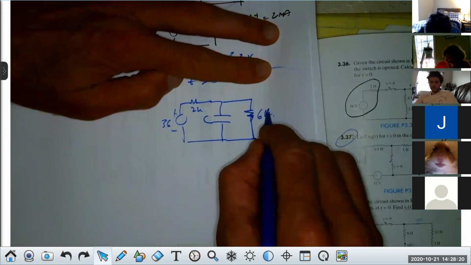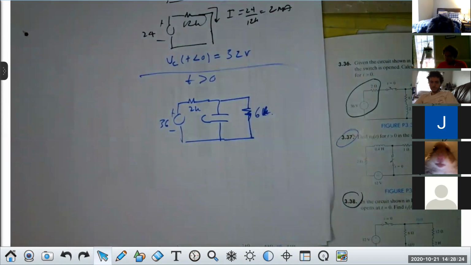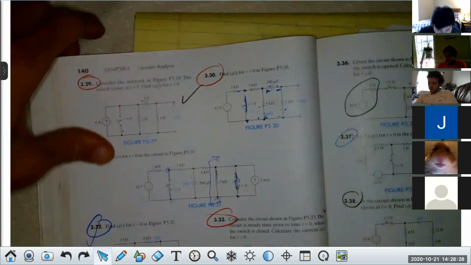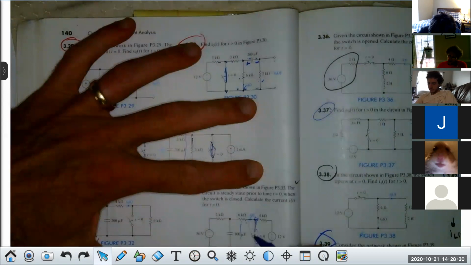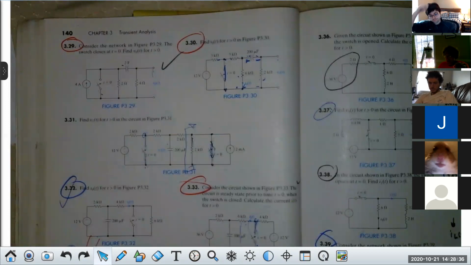That's K ohms. Now the rest of the circuit doesn't matter, and the reason being is when that switch closes right here, it shorts this out and it removes these two as being an issue. Is everybody okay with that?